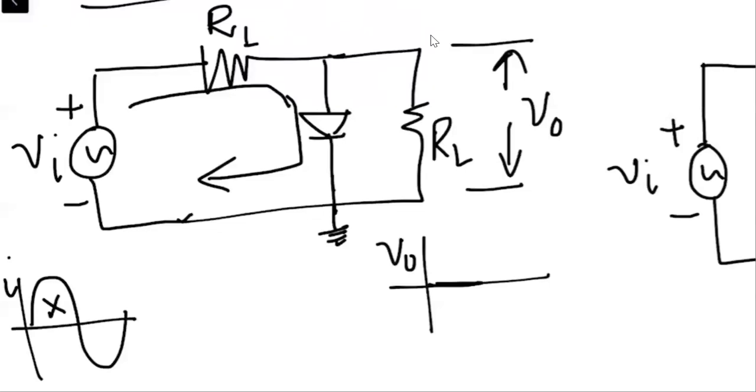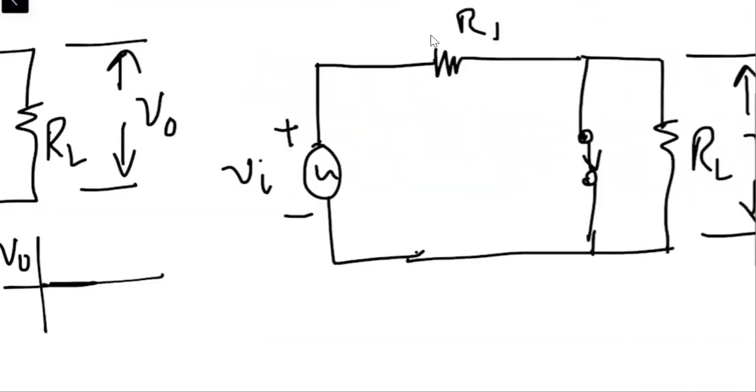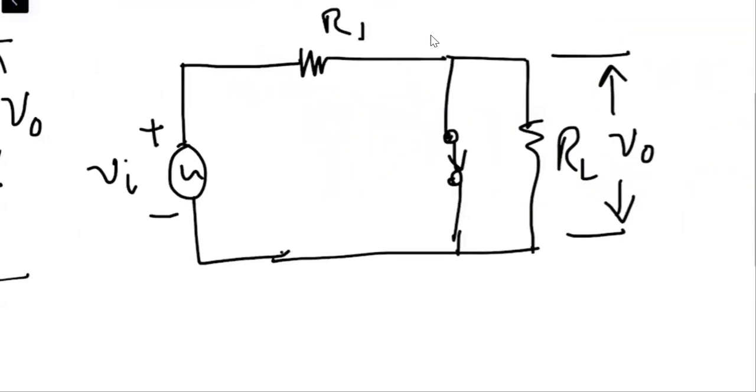When the negative half cycle comes, this portion, what will happen? In that specific case, when the negative half cycle comes, the diode will behave as an open switch, right?